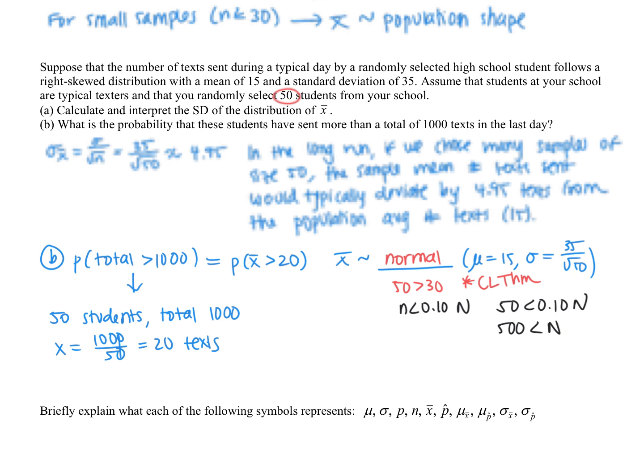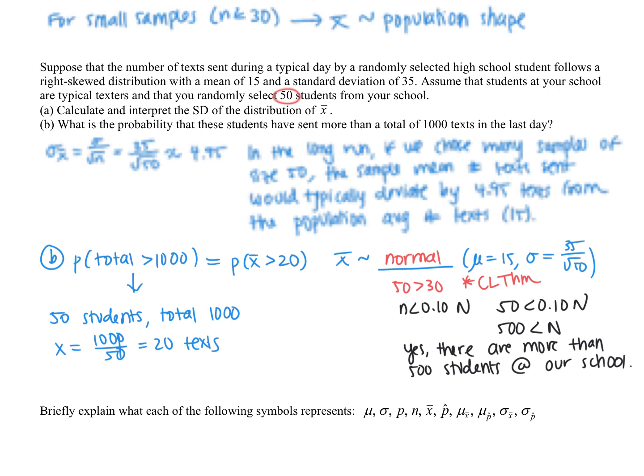We're taking a sample of students at our school. So it needs to be reasonable that there are more than 500 students at our school. That's reasonable. So we're going to say yes, there are more than 500 students at our school.